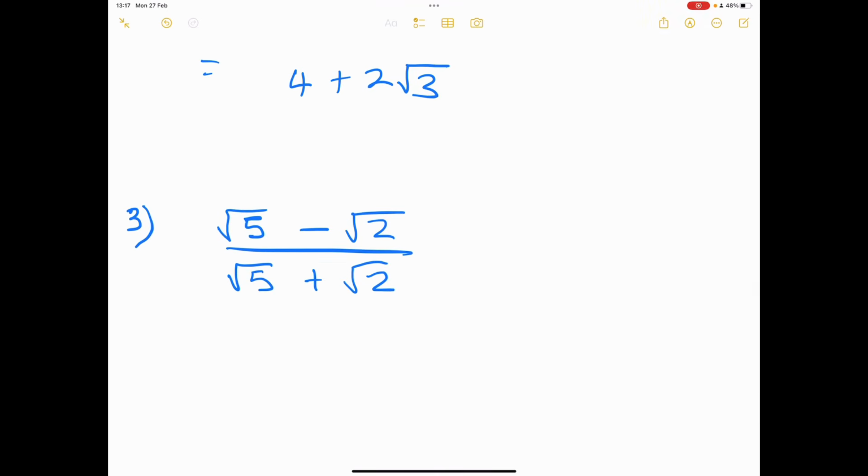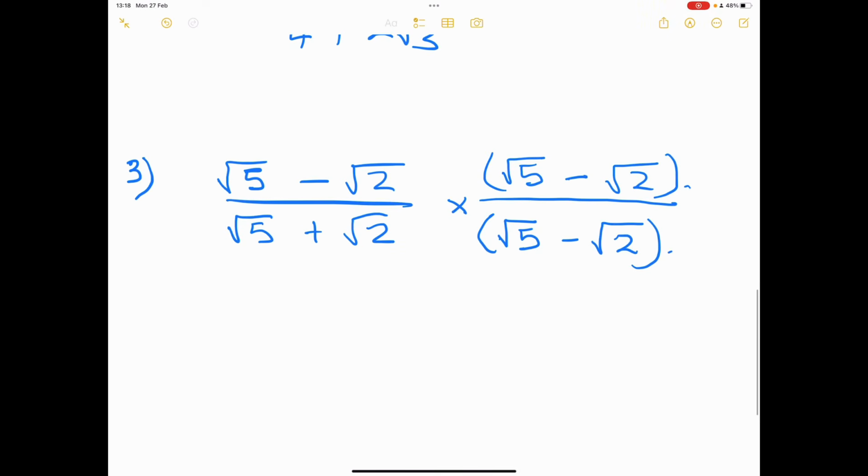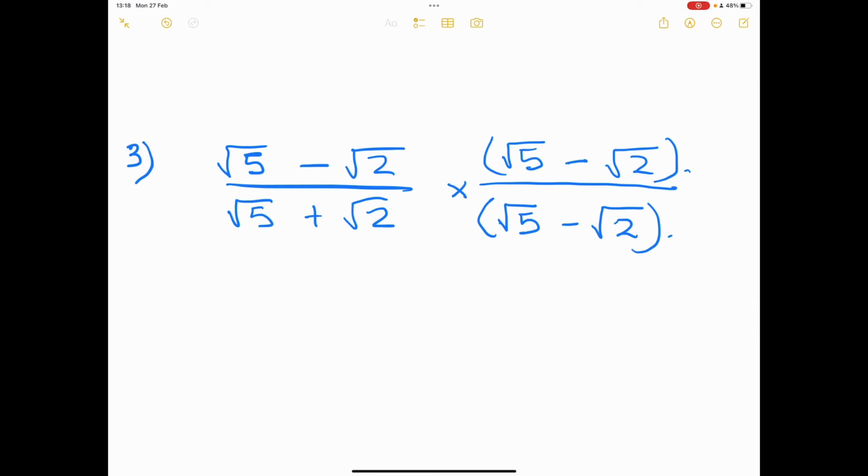So first of all, what are we going to do? Multiply by the conjugate. We've got surds at the denominator. So in this case, I'm going to multiply by square root of 5 minus square root of 2. Now, at the top, I'm going to have the same thing, square root of 5 minus the square root of 2. Remember, when you multiply by the conjugate, the same thing at the bottom, same thing at the top, so that we don't change the expression.